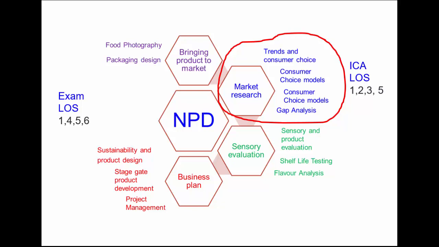There's a little bit of overlap, but not that much. The trends and consumer choice, understanding the consumer, the gap analysis will be done in the ICA, not in the exam. And similarly, shelf life testing and packaging design will be done potentially in the exam and not in the ICA.